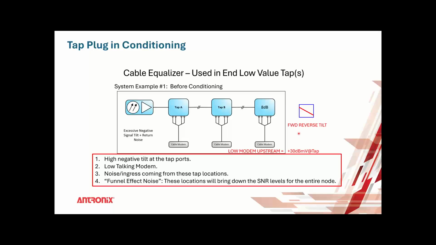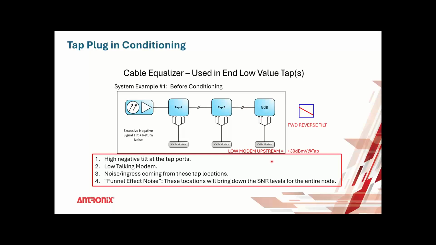The cable modem at the end of the line needs to only overcome 8 dB loss on this 8 dB tap, and cable modems transmit in the low frequency band, where there's less loss on coax. So the cable modem only needs to transmit at plus 30 dBmV, a very low signal level, on low value taps.